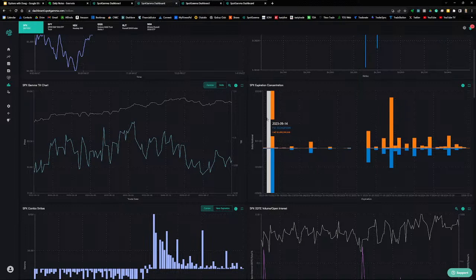Remember, at expiration, the delta for an option is going to be either 0 for out of the money or 1 in the money. So those out of the money calls are quickly going to lose value as expiration approaches, and quickly moving to 0 as Friday afternoon expiration approaches.